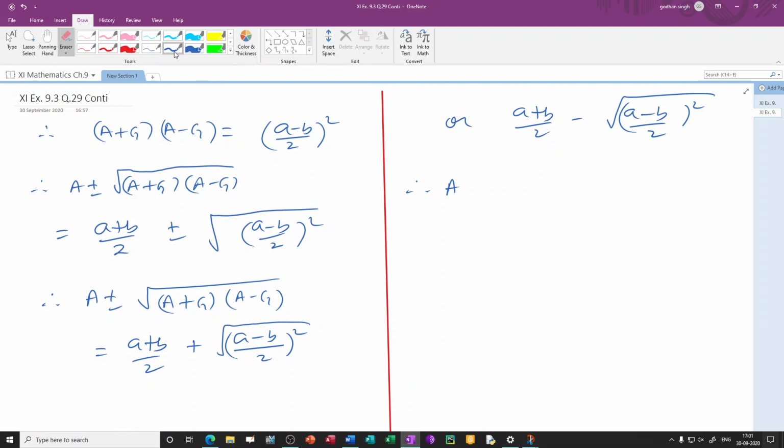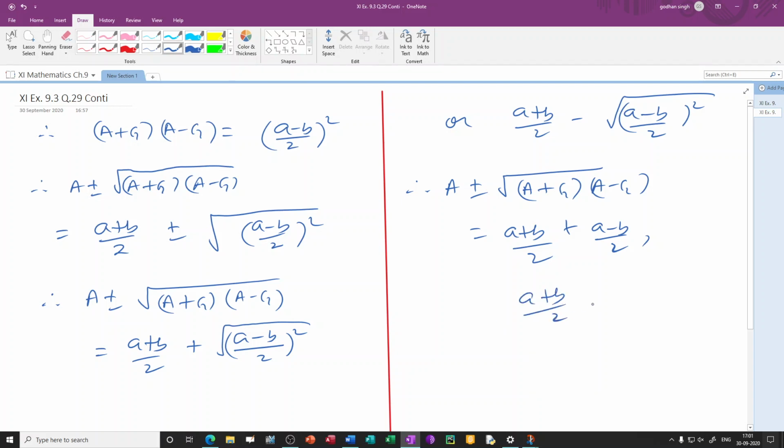we will have A plus minus square root of A plus G into A minus G is equal to, let us simplify these two values, so we will be getting as a plus b by 2 plus, because we know that square and square root cancel each other, plus a minus b by 2, and the second one is a plus b by 2 minus a minus b by 2.